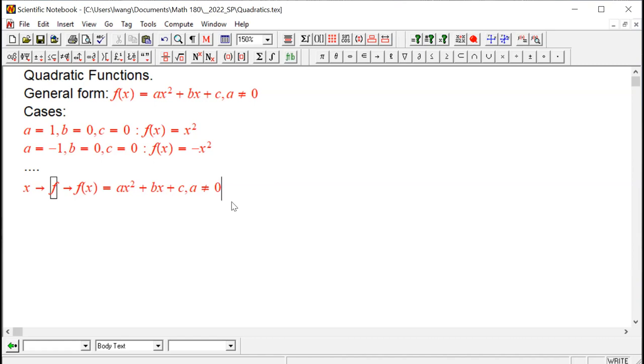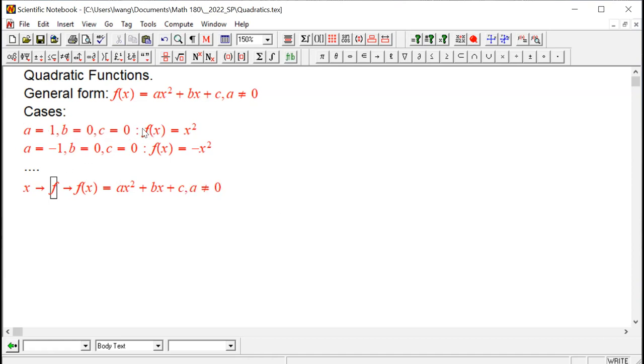For each case you're dealing with, a, b, c will be given and will have different values. a, b, c can be any real numbers, but of course, a cannot be 0. So that's what we require.